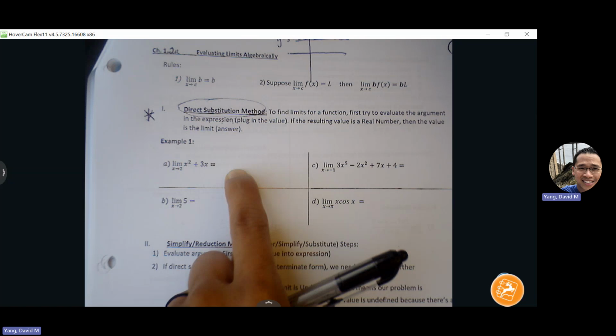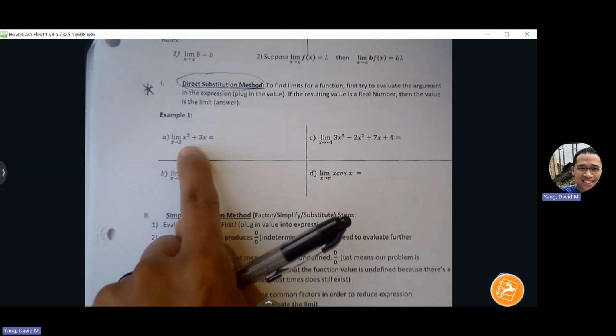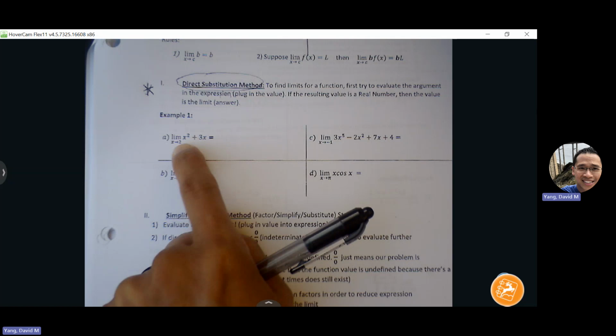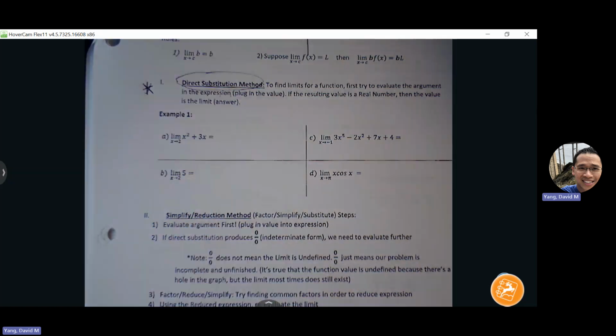Okay. All right, so first things first, we're going to evaluate the limit of our expression. This is approaching a real number. Eventually, we will talk about approaching infinity or negative infinity, so we have a different set of steps for that. But if it's approaching a real number, we always do direct substitution. So we just plug in 2 and pretend like we're just finding the y value and see what we get. So if I plug 2 in for x, what do we get for our expression?